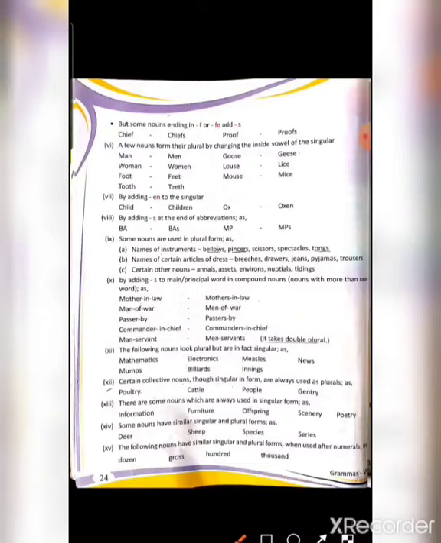This is an exception: whenever they are used after numerals, like dozen, gross, hundred, thousand, we will write 200, never 200s, and 5000. So whenever they are used after numerals, these words have the same singular and plural.